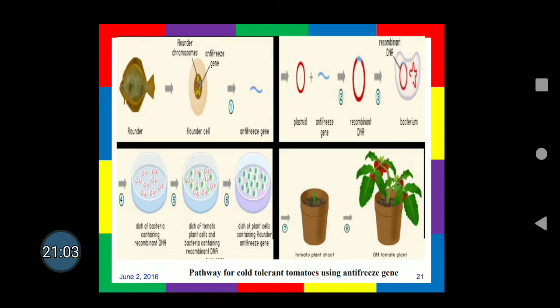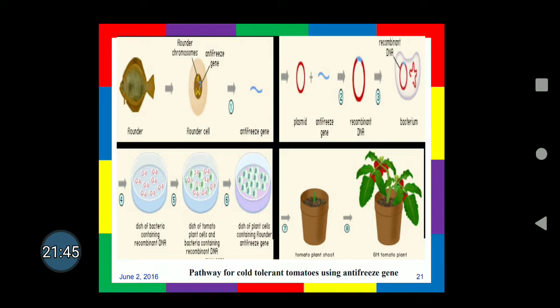The recombinant Ti plasmid is added to the bacterium, and the colonies of bacterium containing the recombinant DNA are selected and added to the plant cells. The plant cells containing the recombinant DNA with the antifreeze gene of the flounder are chosen.